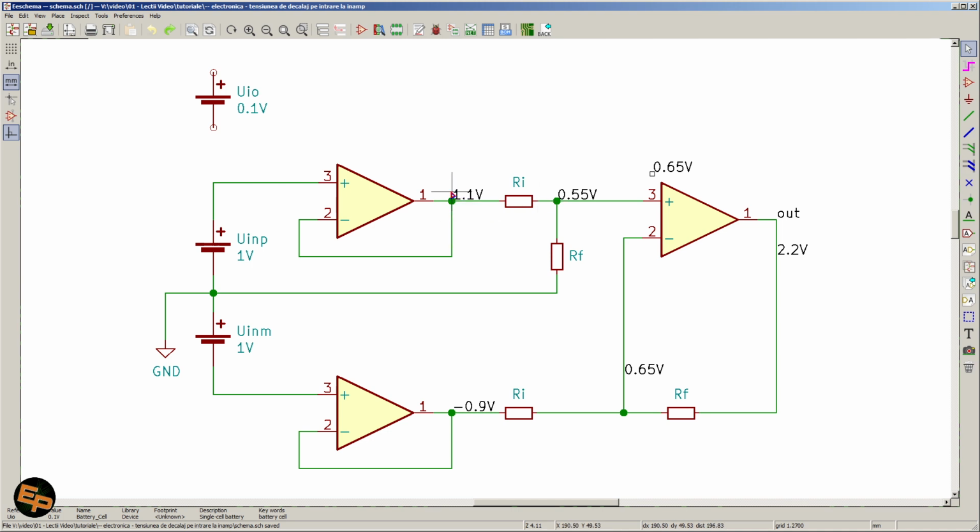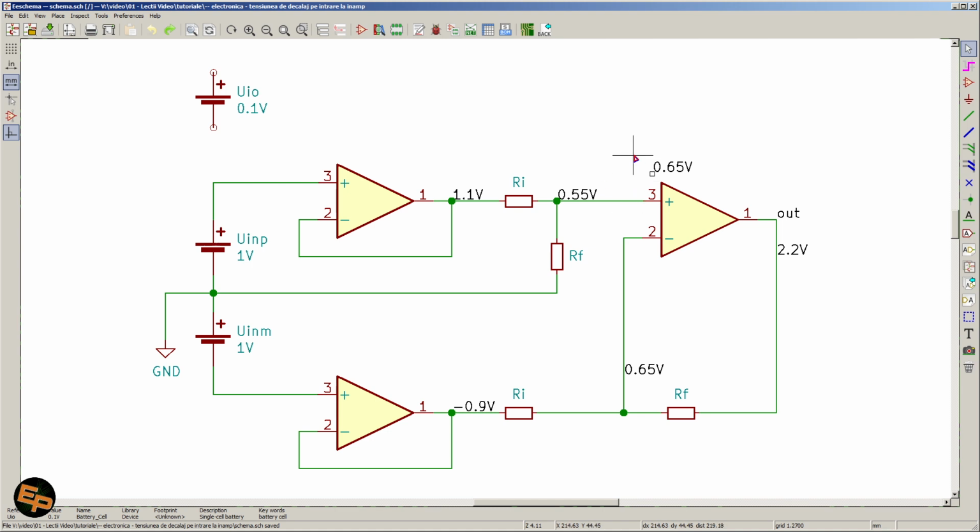We have a voltage divider between this point of 1.1 volts in our example and the ground, which is of course 0. So exactly in the middle of these 2 resistors, we have exactly half of this voltage, so 0.55 volts, since 1.1 divided by 2 is 0.55.